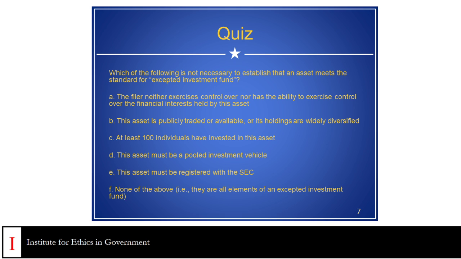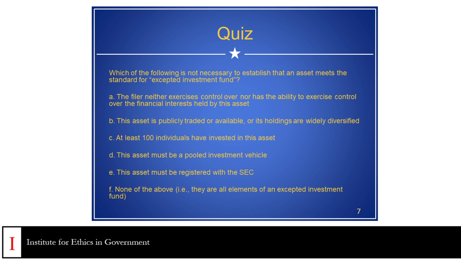B: This asset is publicly traded or available, or its holdings are widely diversified. C: At least 100 individuals have invested in this asset. D: This asset must be a pooled investment vehicle. E: This asset must be registered with the SEC. F: None of the above, that is, they are all elements of an excepted investment fund.